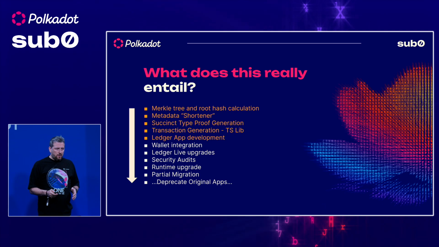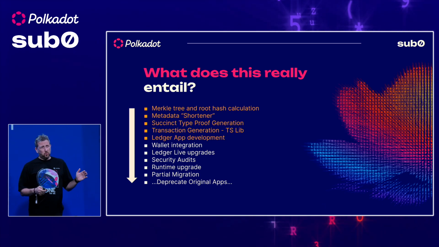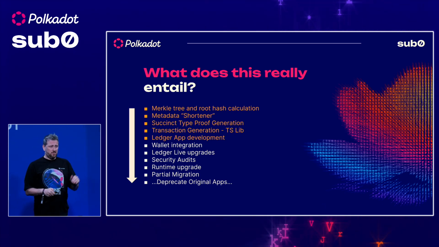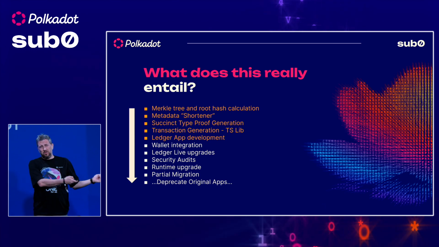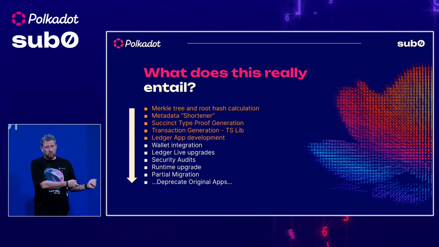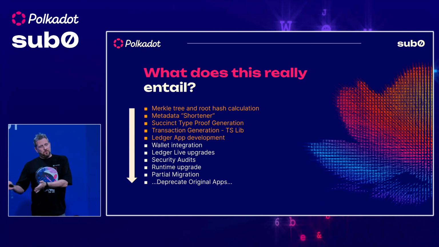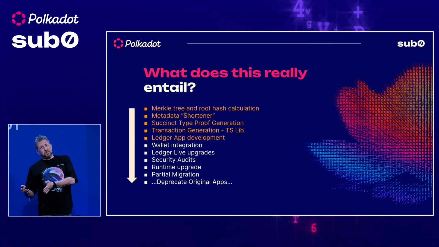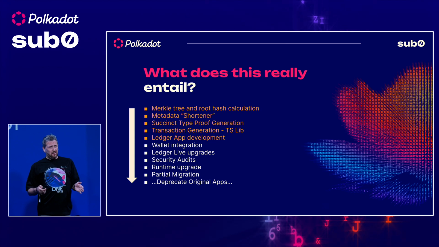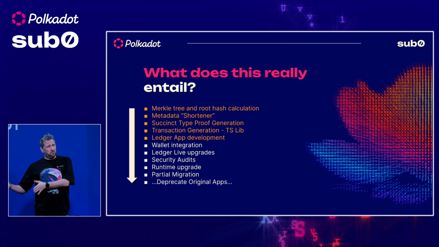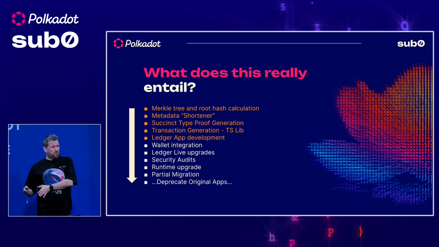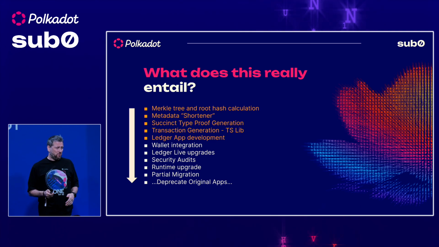So the situation where we are right now is that we showed the proof of concept and the complete work done back at sub0, but there are a lot of things still to do. We are trying to coordinate this as well as possible, but we still need that to be completed before it's available for everyone to use.